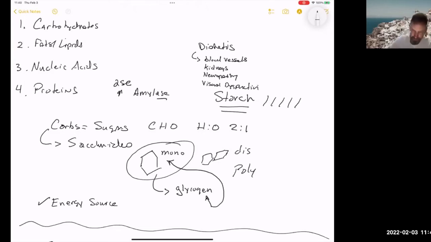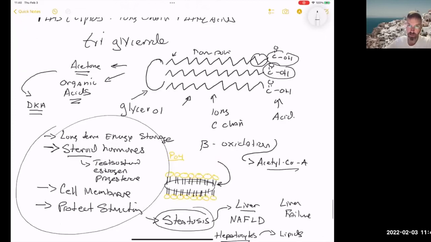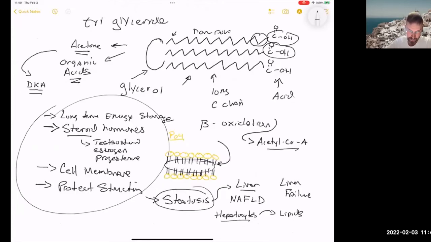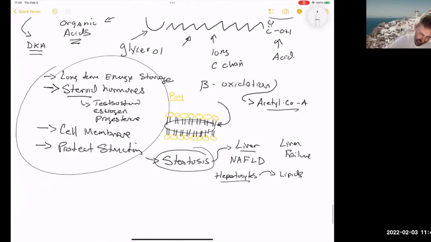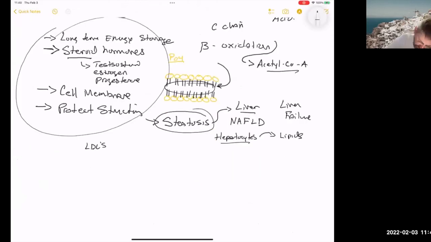All right, so that's if you have uncontrolled blood sugar over the long term, as well as uncontrolled levels of lipids, fat. Specifically, a type of fatty acids known as LDLs and VLDLs. Those stand for low density lipoproteins.